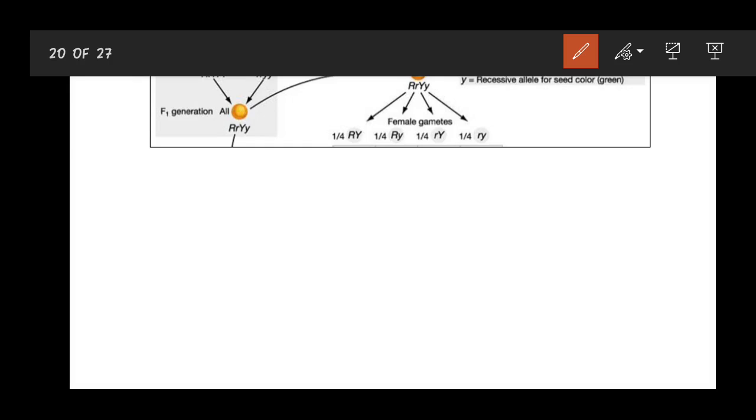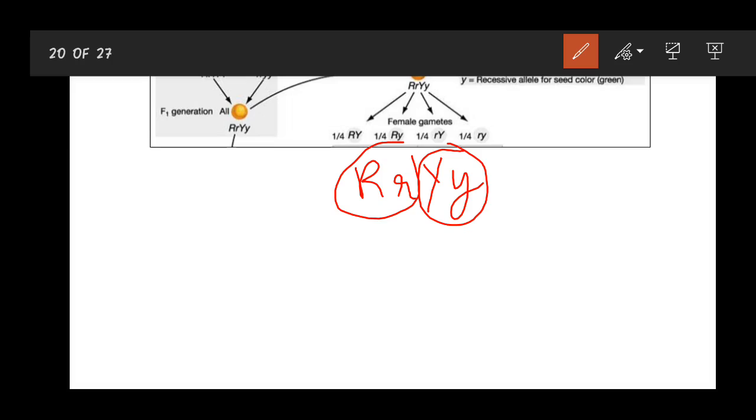When gametes are formed, we'll take the same example here. You have the F1 heterozygote, capital R, small r, capital Y, small y. This is a homologous pair and this is another homologous pair, like our first chromosome and second chromosome. Is that clear?